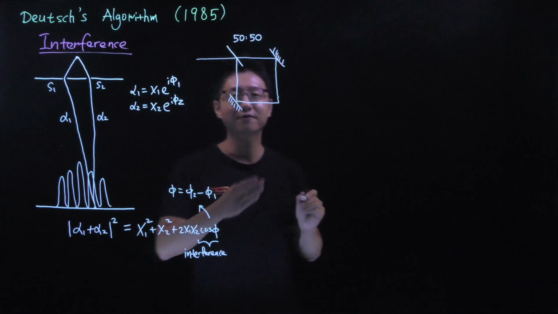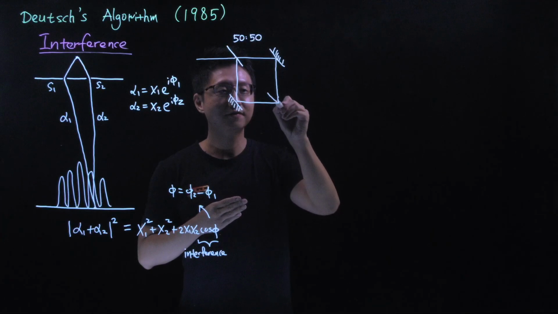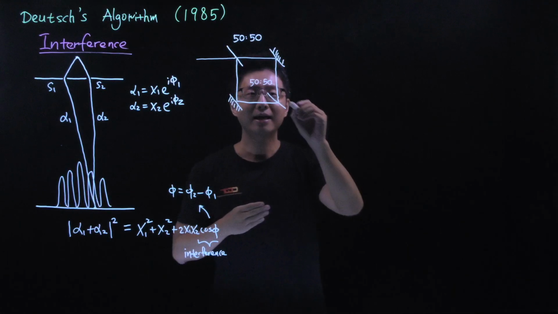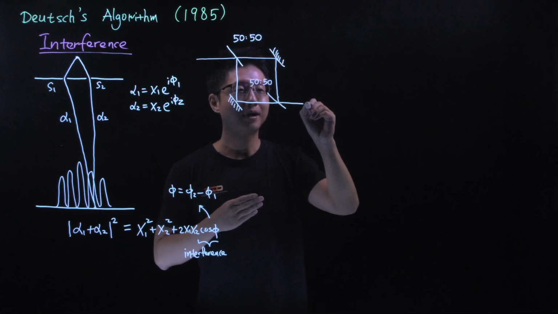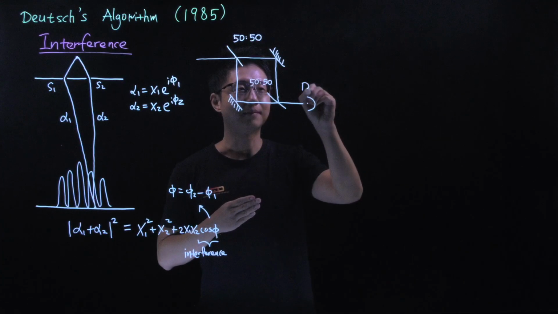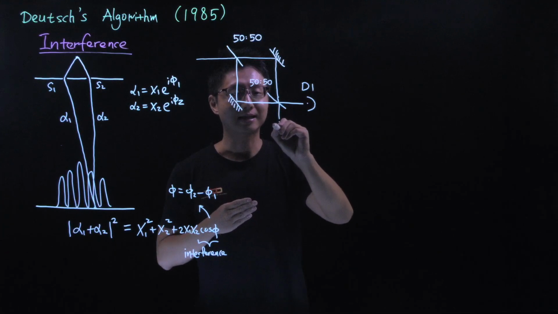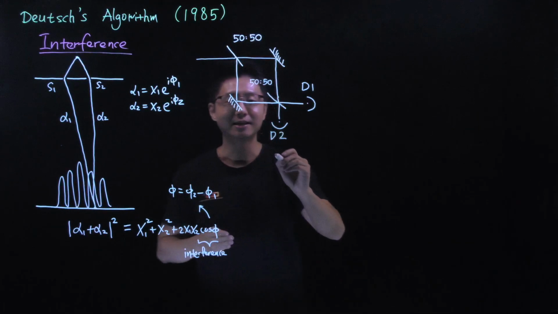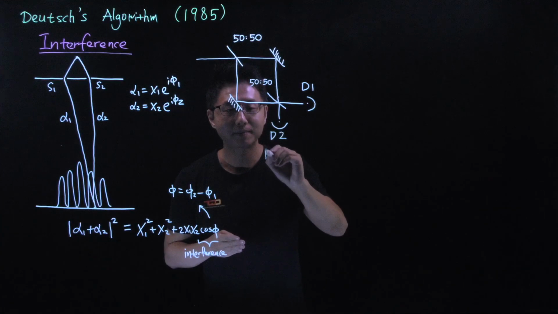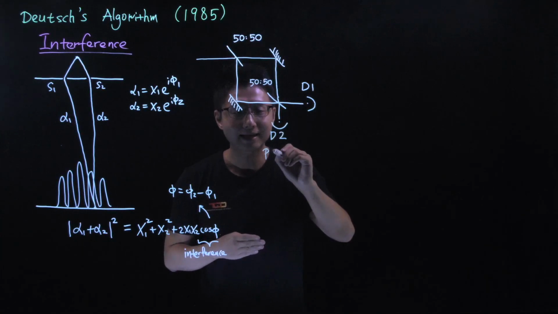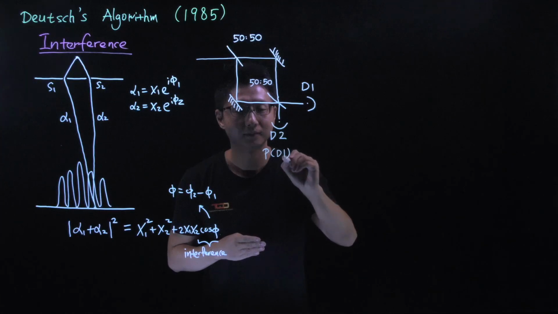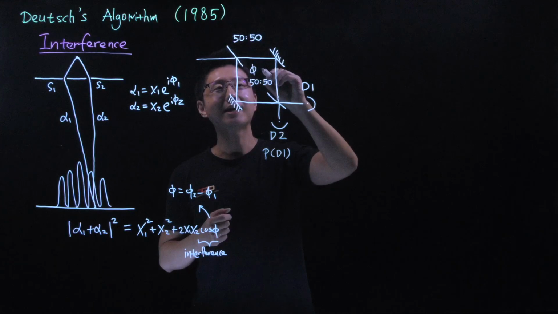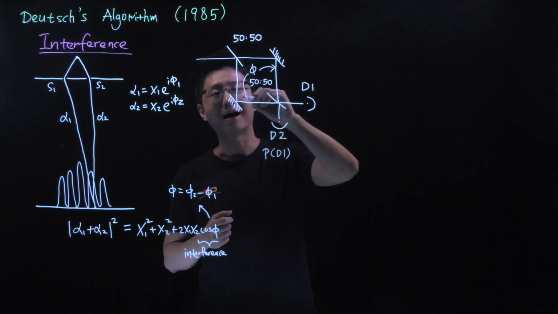To see the interference effect, let's put another 50-50 beam splitter over here, and put two detectors, one here, let me call it detector 1, and another, detector 2, over here. If you do this experiment and observe the probability that detector 1 clicks, you will see that it depends on the difference between the phases of this path and this path.